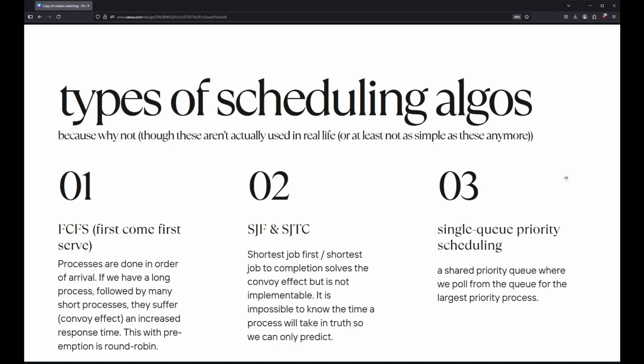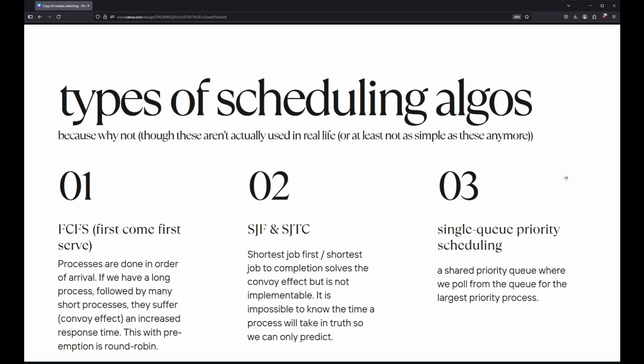There's various things that we can do to predict it, but at that point, it's not really a good idea to use that because a prediction is a prediction. There's times where you can be wrong. So it's not always the best thing to do. But it does solve the convoy effect because we do things in order. We do things from the shortest job to the largest.